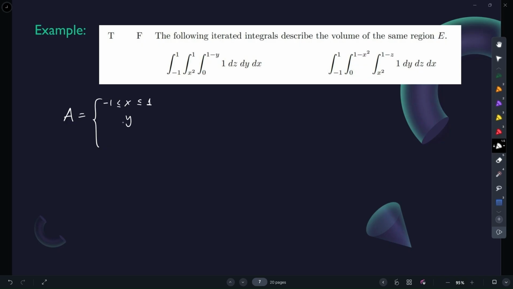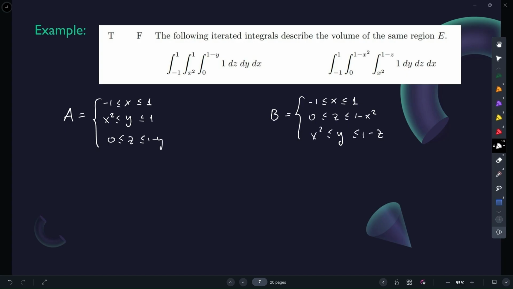Then y is between x squared and 1, and z is between 0 and 1 minus y, while the region B was given by -1 up to x up to 1, z between 0 and 1 minus x squared, and then y is given between x squared and 1 minus z.